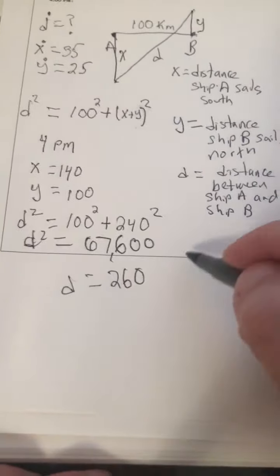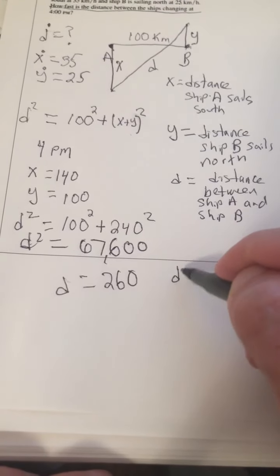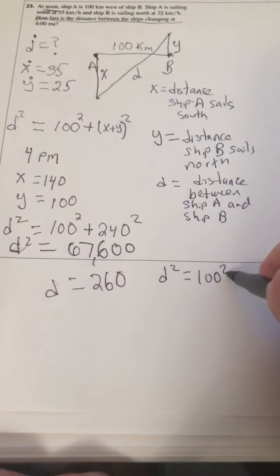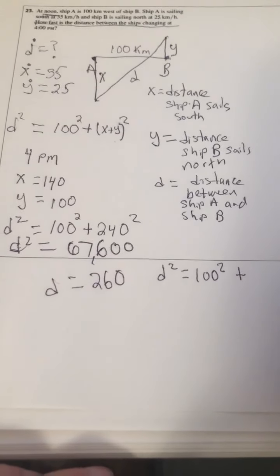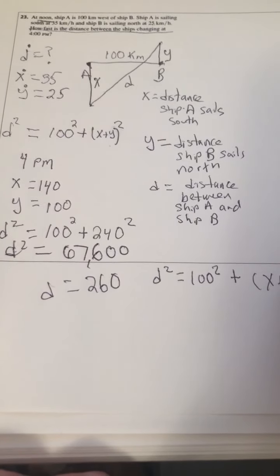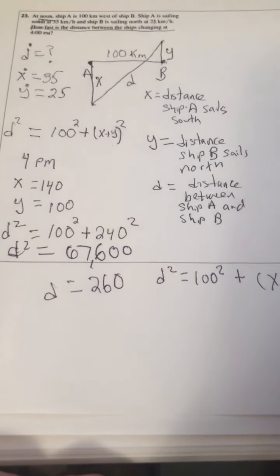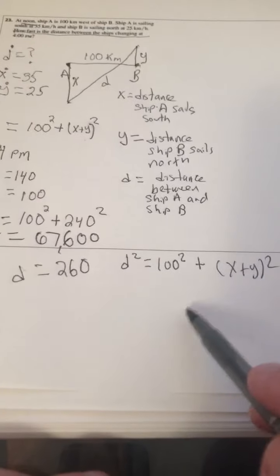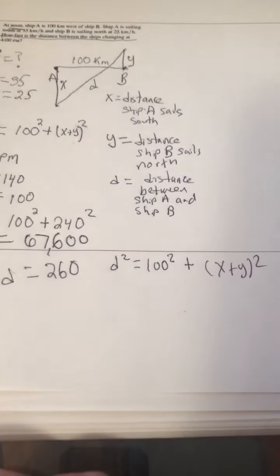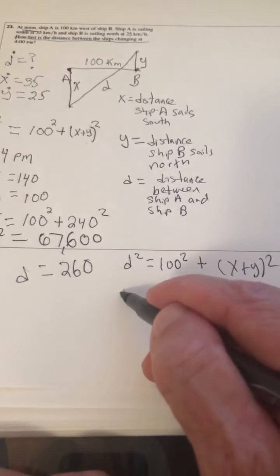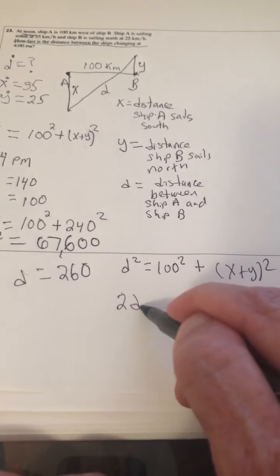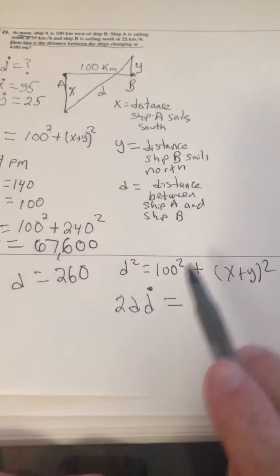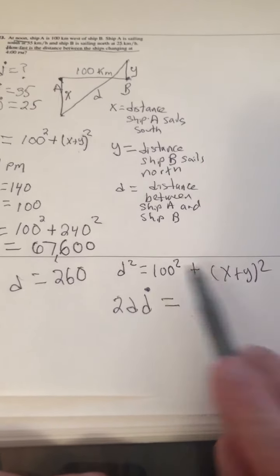All right. So again, d squared is equal to 100 squared plus (x plus y) squared. Now what we're going to do is differentiate. What we haven't plugged in yet is the derivative. So if I differentiate both sides, what do I have? I have 2d times d dot equals. Now the derivative of 100 squared is 0. That's a constant.